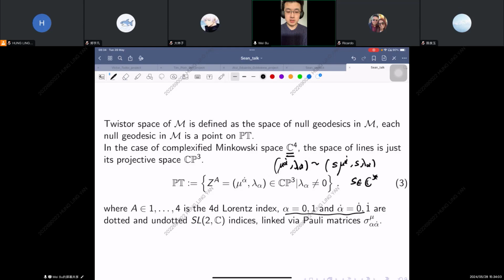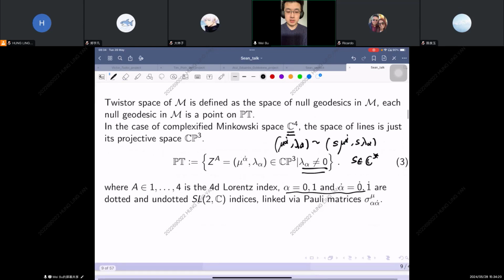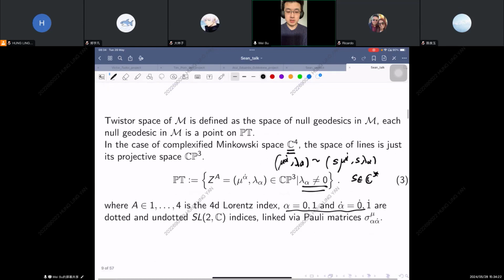So after this identification, I've treated all the lines as a point in CP3, the space called complexified projective space. And PT is just CP3 with some extra condition on it, where it says one of the coordinates cannot be 0. It's a mathematical thing, but geometrically what it means is you're considering the space of lines in R4, but not S4. It's taken away the point at infinity.